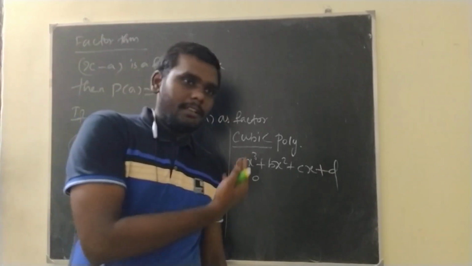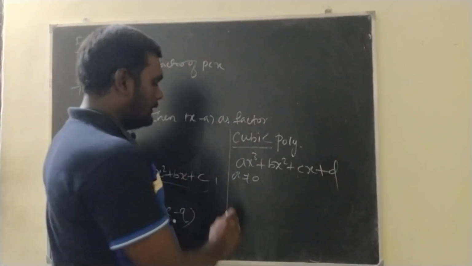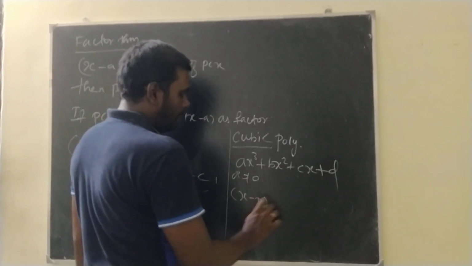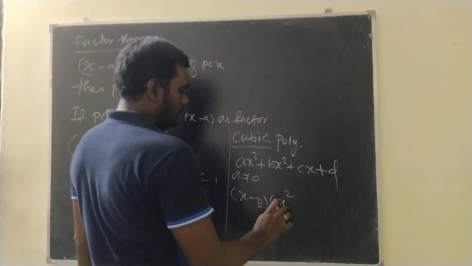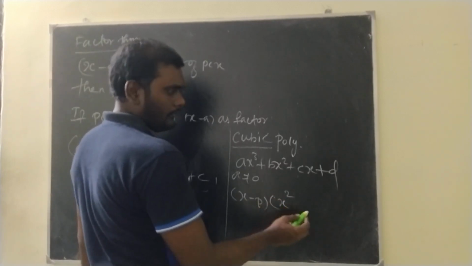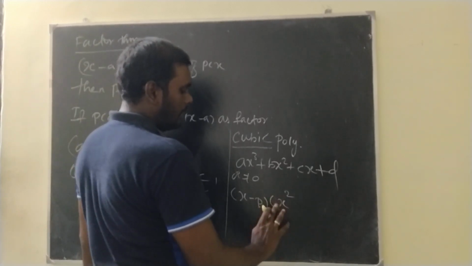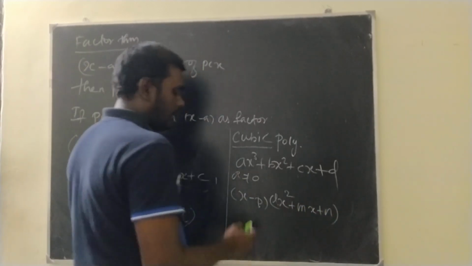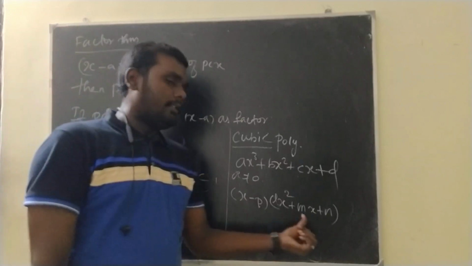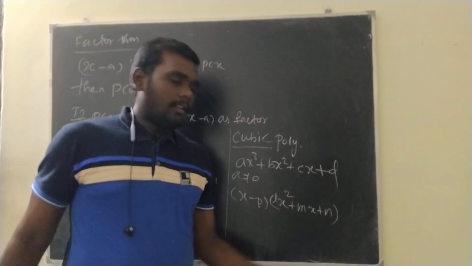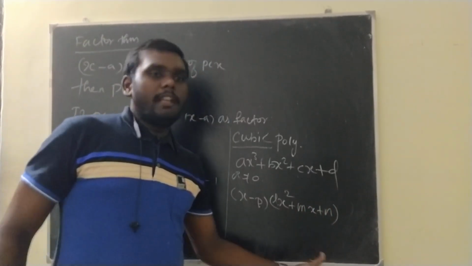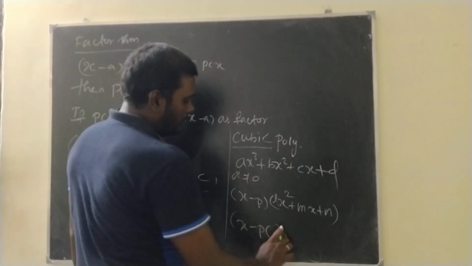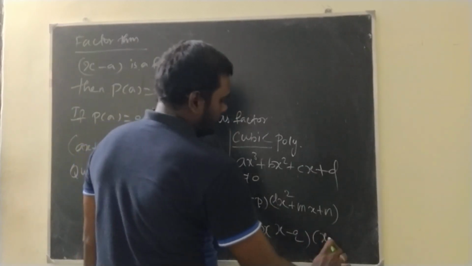First of all, this can be represented as a product of a linear factor followed by some quadratic factor, lx square plus mx plus n. A linear factor multiplied with the quadratic factor. This quadratic factor can be written as 2 linear factors, so this can be written as x minus p, x minus q.